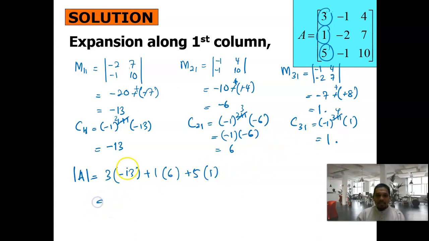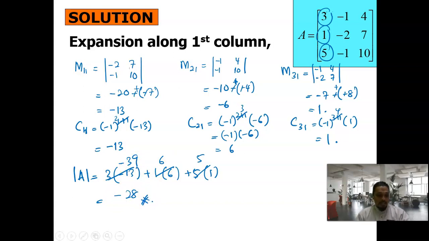So then, 3 times negative 13, negative 39, plus 6 plus 5, 6 plus 5 equal to 11, then negative 39 plus 11 equal to negative 28.